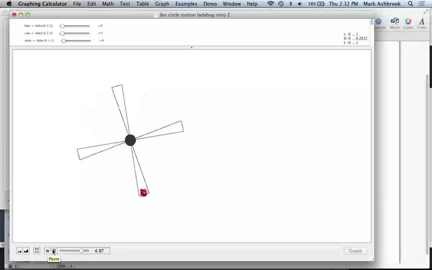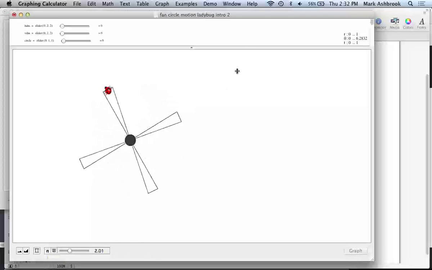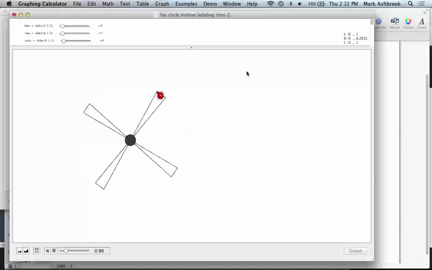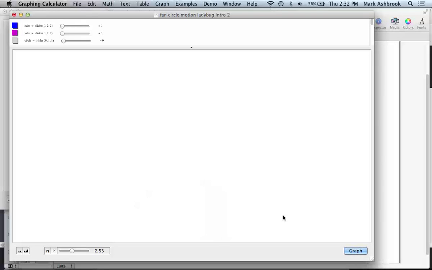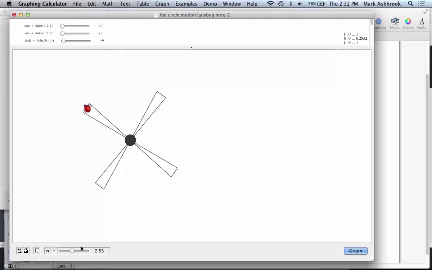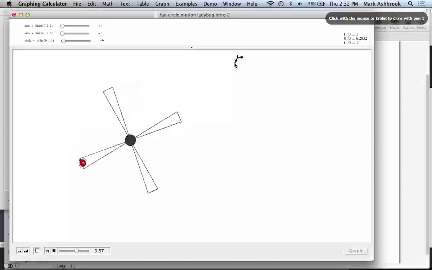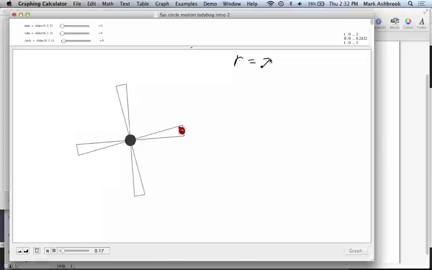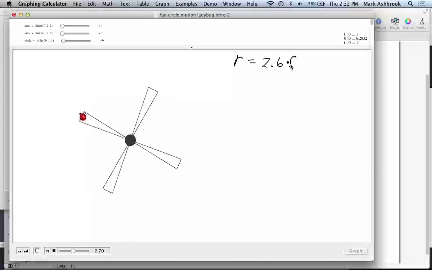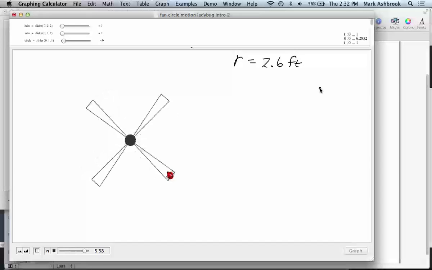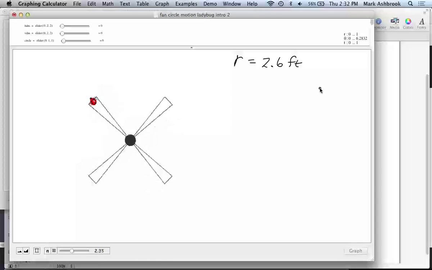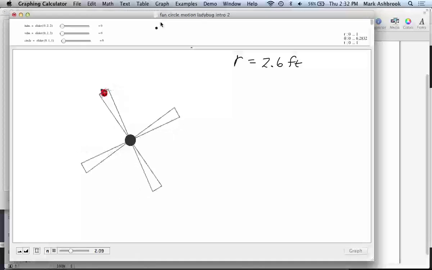You've got a bug 2.6 feet from the center of the rotation, so the radius is 2.6 feet. What's the path of its travel? What kind of arc does it travel on?